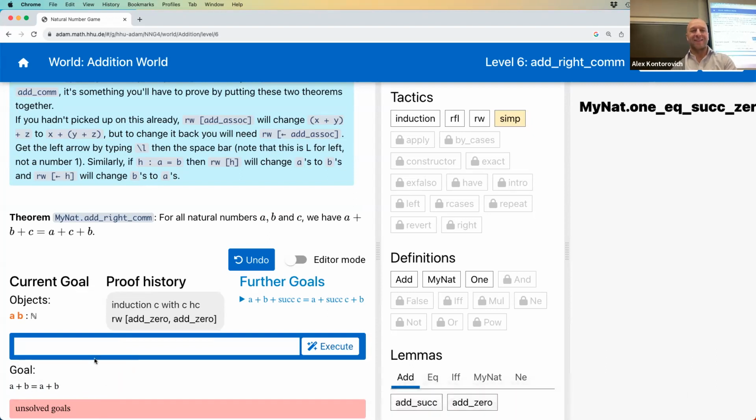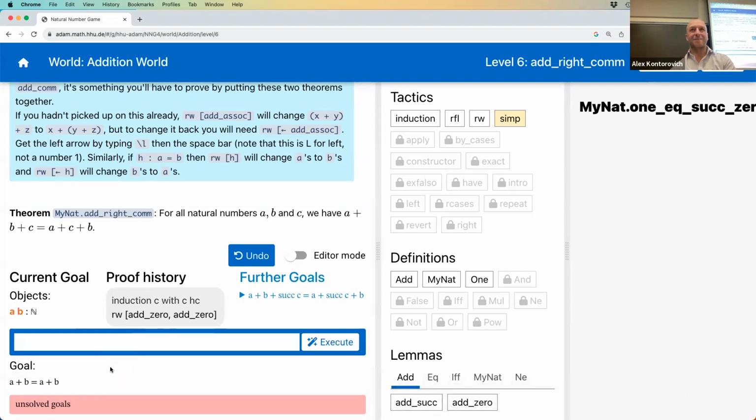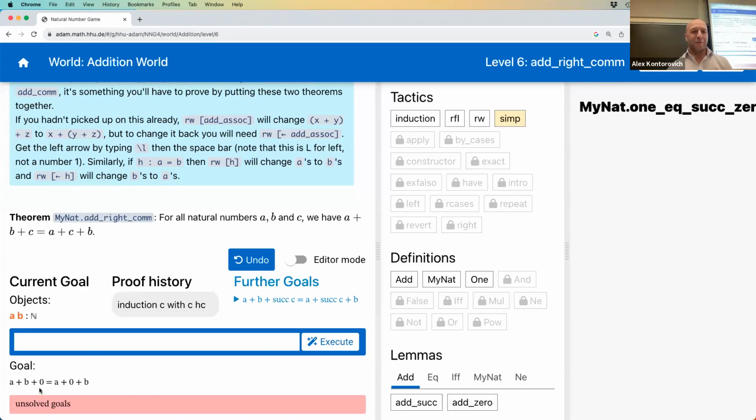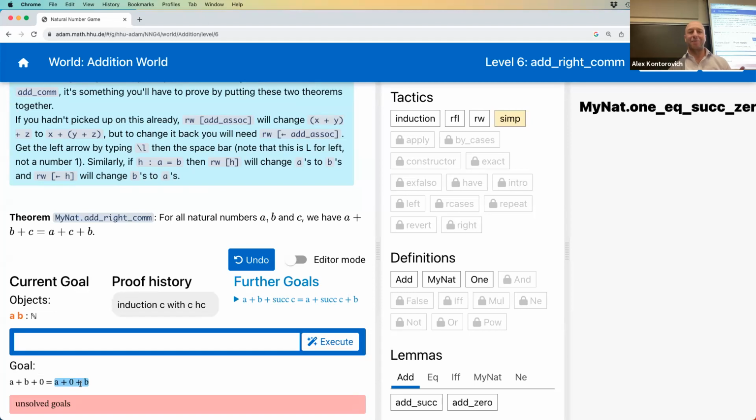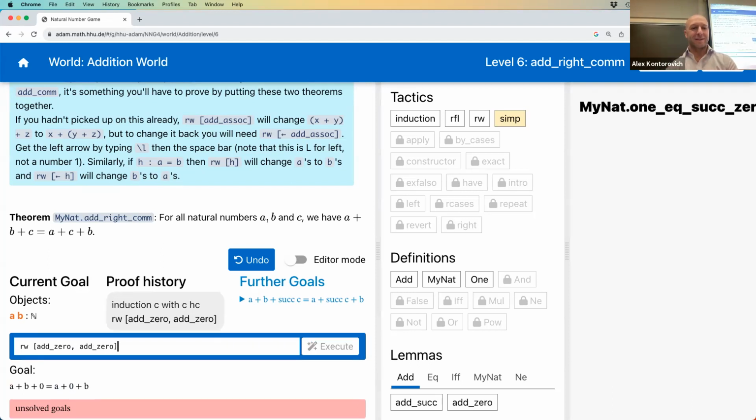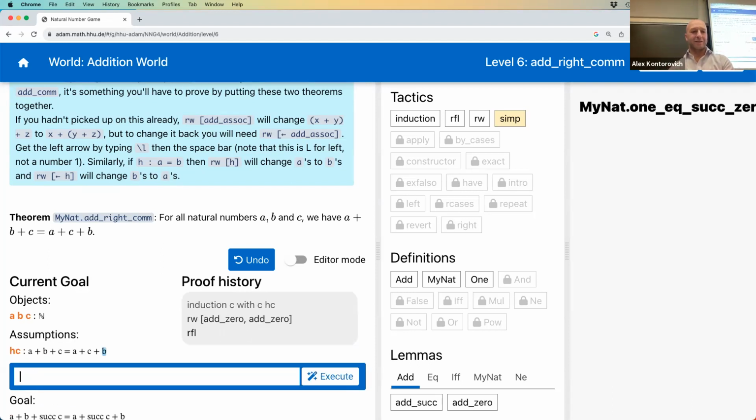Oh, I was thinking the 0 added the 0 plus B. But it's not 0 plus B, you see? In both cases, it's plus 0. It's A plus B in parentheses plus 0. Here it's A plus 0 in parentheses, and then plus B. So that's what the hovering lets you do. Rewrite add_zero and add_zero. And now we have REFL.